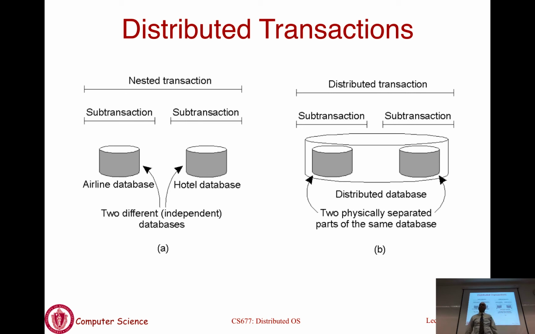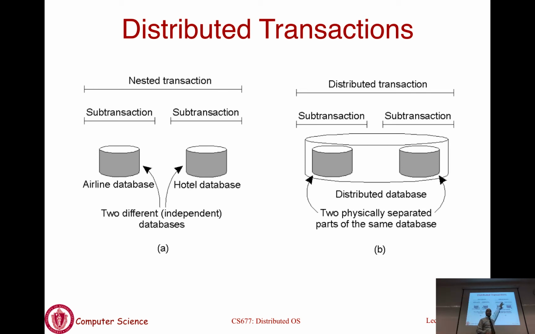In a distributed transaction, our database itself is distributed across multiple machines. That is what is shown in the picture. Some part of the database is stored on the disk of machine 1, some part of the database is stored on the disk of machine 2. You get a logical database abstraction, which is this bigger logical disk that looks like one big database. Now you're executing transactions on this distributed database. Internally, the system will have sub-transactions.